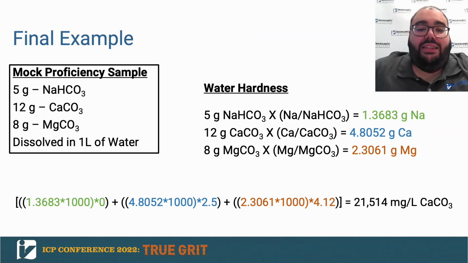You can see the green text along the bottom of the slide. The sodium is getting multiplied by 0, whereas the calcium is getting multiplied by 2.5 and the magnesium by 4.12. In summary, for water hardness we should expect them to come up with a value close to 21,500 roughly milligrams per liter of calcium carbonate.